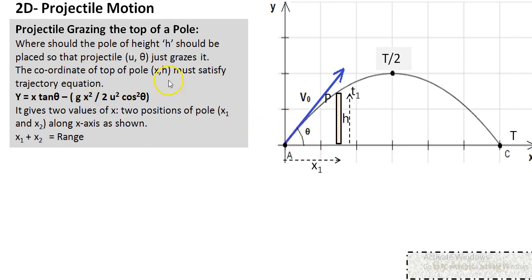In that case, if the position is x, the coordinate of the top of the pole will be x, which is to be found, and y equal to h, and this must satisfy the trajectory equation. The equation of trajectory is y = x tan theta minus g x square by 2 u square cos square theta.